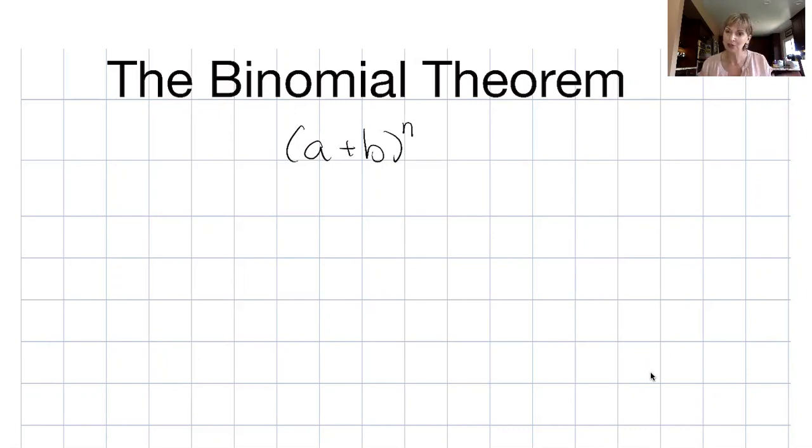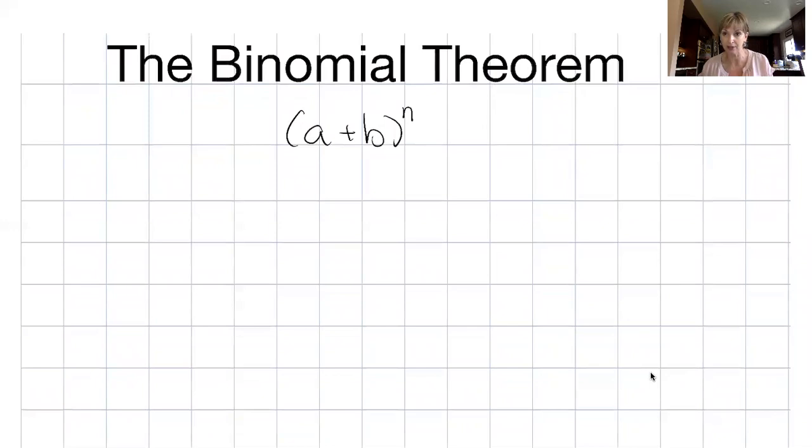But now we're going to use the binomial theorem to expand a plus b to any exponent without having to do all those times. The way we're going to do that is by taking advantage of some patterns that actually emerge when you expand a binomial. So let's just look at a few examples. We're going to write them out, and then you're going to be able to see the patterns that emerge. So a plus b to the first power is just a plus b.